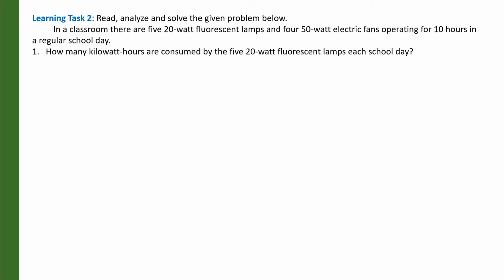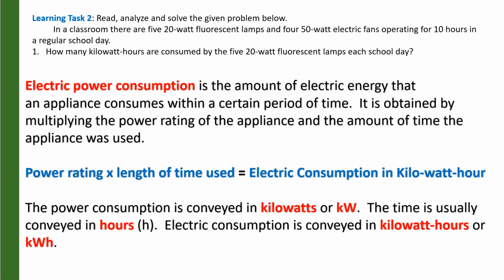Since meron na tayong gagamiting bagay na kung saan ay gagamit tayo ng electricity, dun papasok yung tinatawag nating electric power consumption. And when we speak of electric power consumption, it is the amount of electric energy that an appliance consumes within a certain period of time. It is obtained by multiplying the power rating of the appliance and the amount of time the appliance was used.